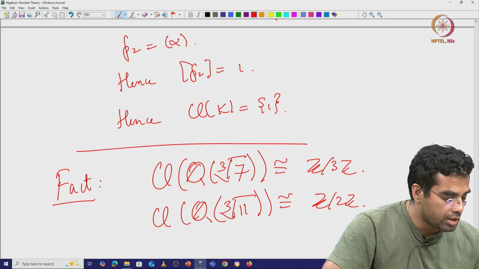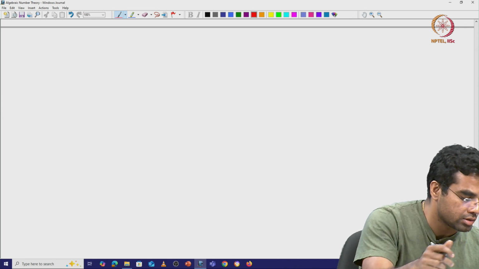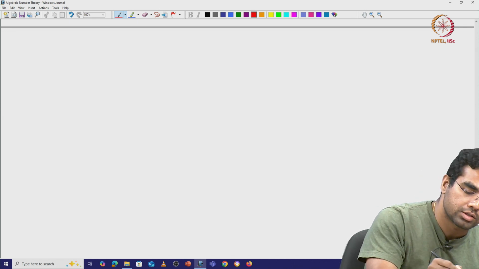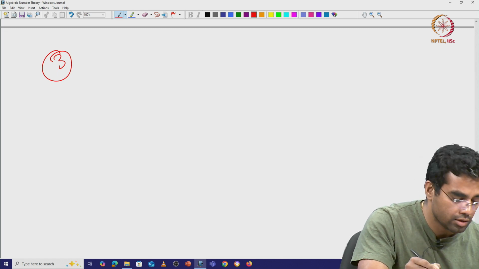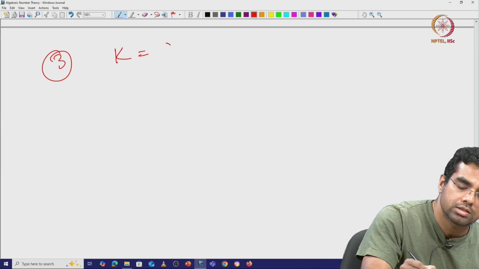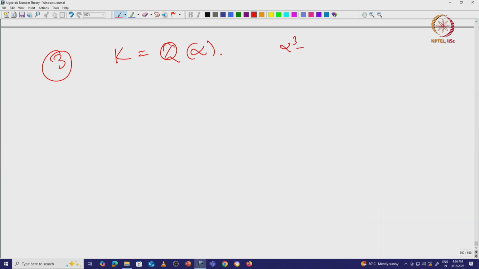Okay. But let me give you an example of a cubic field with non-trivial class number. Let us see how much of this we can do. So, K is Q(alpha), where alpha cubed minus alpha minus 9 is equal to 0. So, I am looking at x cubed minus x minus 9 equal to 0. And why is this polynomial irreducible?